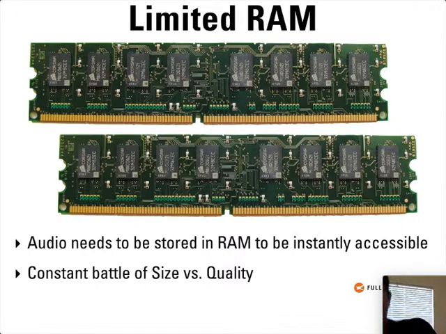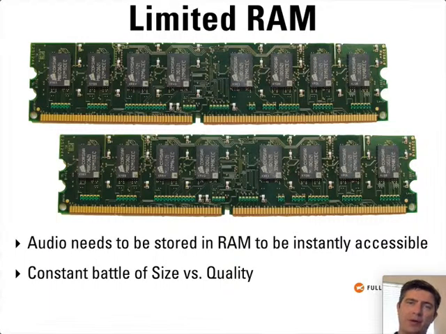Where I was when talking about RAM is that when you load up your Contact libraries, they are often what can eat up a lot of RAM very quickly. It is loading up samples to be able to play them and trigger them immediately. As soon as you hit a key on your keyboard, you need to hear that sound.